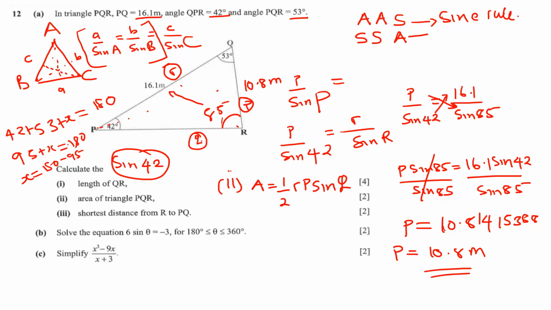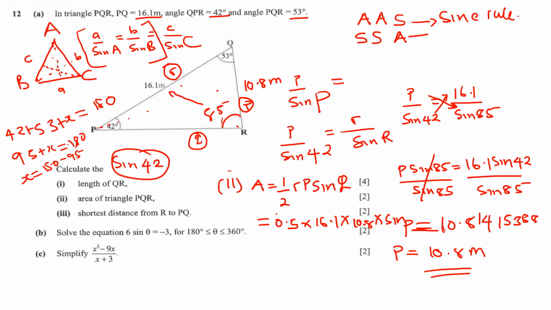So look at this, area of a triangle PQR is half RP sine Q. Then you can just punch 0.5 so that you just multiply directly.